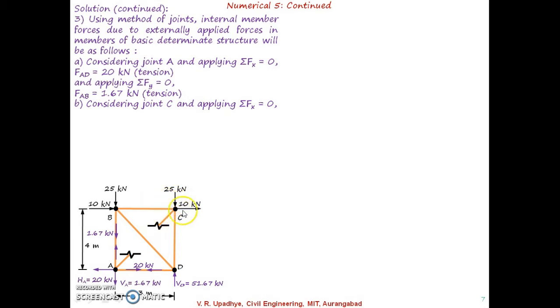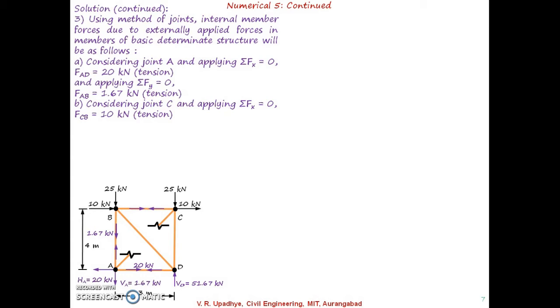So if we apply the method of joints and consider joint C, and apply summation Fx equal to 0, then the member force in member BC must be opposite to that 10 kilonewton applied force. So that gives us member force in member CB as 10 kilonewton tension.